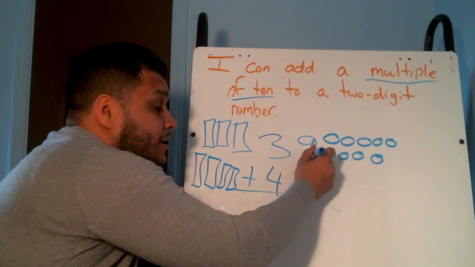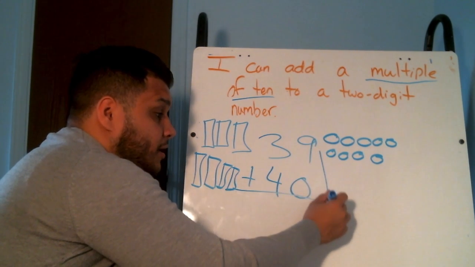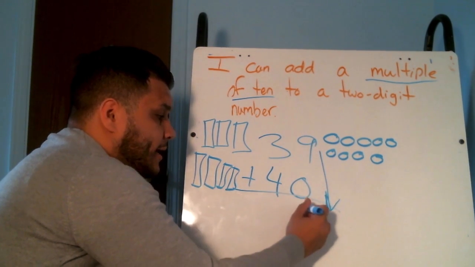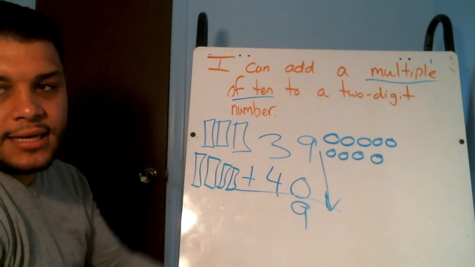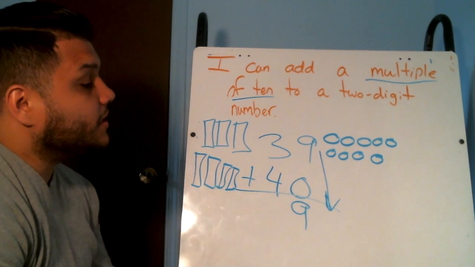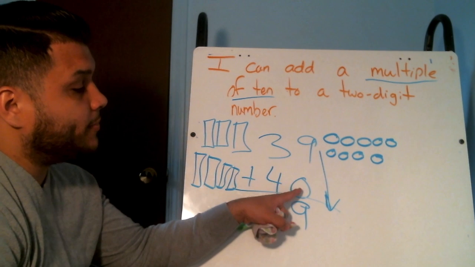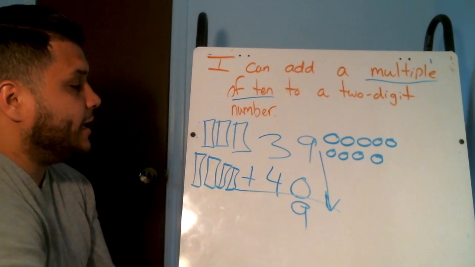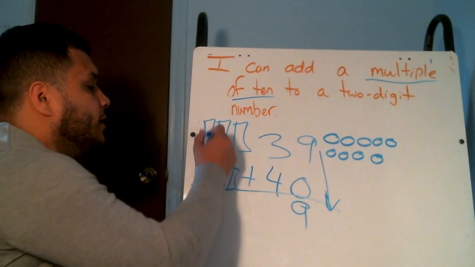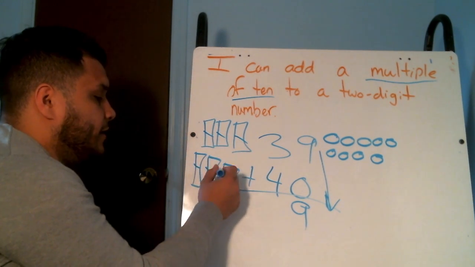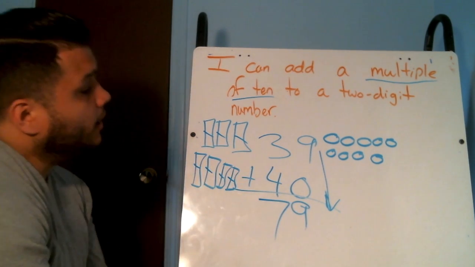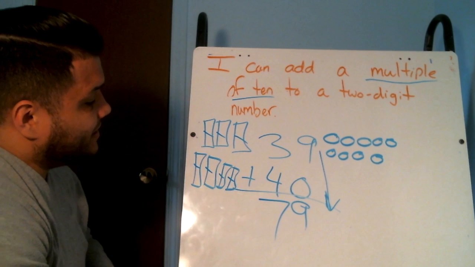Without even counting this, I can just tell that I'm going to bring this number all the way down. We'll check that later when I do my check. I'm not going to guess, but I'm going to assume that because there's a 0, I'm just bringing that 9 all the way down. Then I'll count over here. Ready? We have 1, 2, 3, 4, 5, 6, 7. 39 plus 40 equals 79.